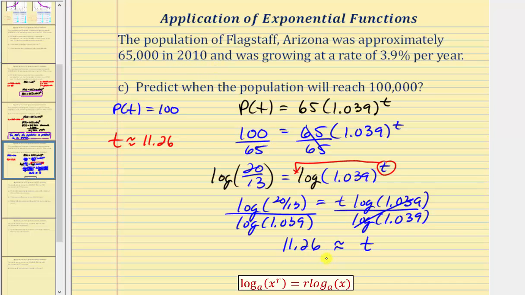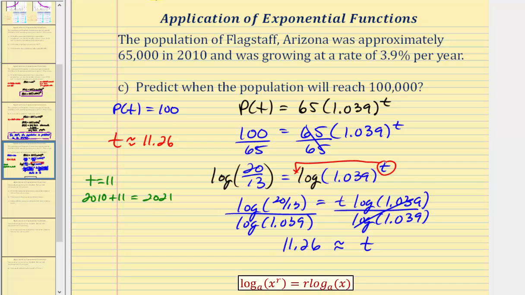Now determining what year this should actually be in can be a little bit tricky. If t was equal to 11, then that would be the year 2010 plus 11, which equals 2021. But this would be the end of the year 2021. So for any value greater than 11 and less than 12, it would actually be sometime in the following year of 2022.